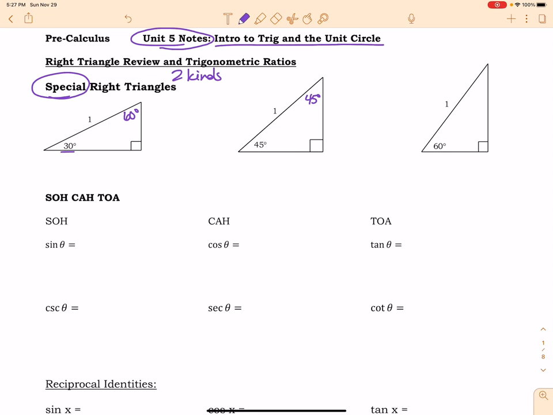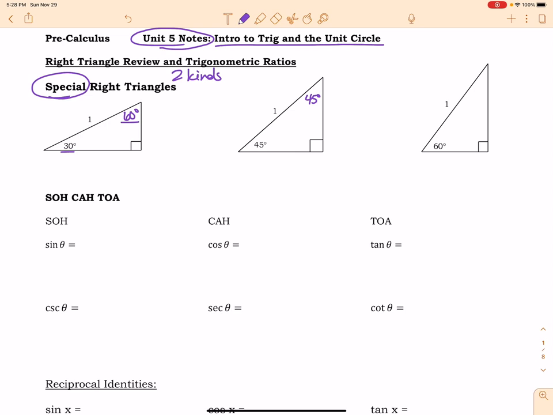When we look at a special right triangle, there are specific rules we can always follow to find the measures of the sides. We don't have to use the Pythagorean theorem. Because these are special, a 30-60 right triangle and a 45-45 right triangle, there are specific rules that are always true.